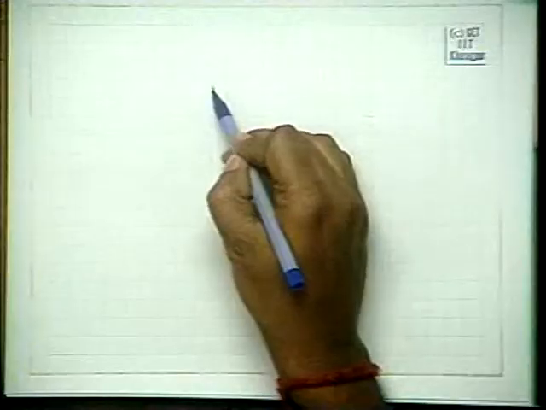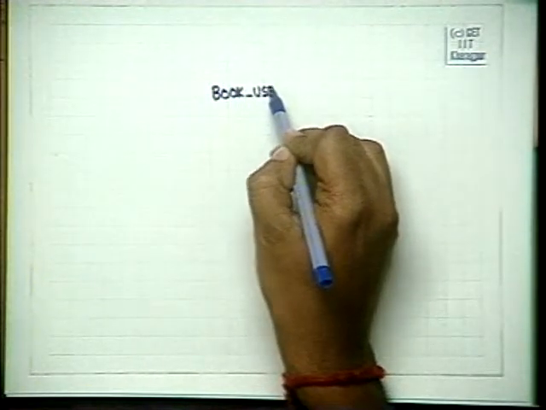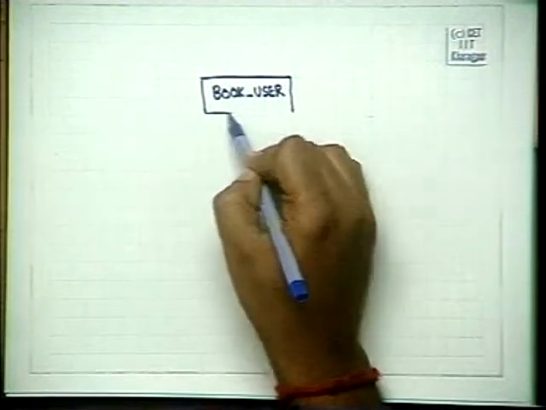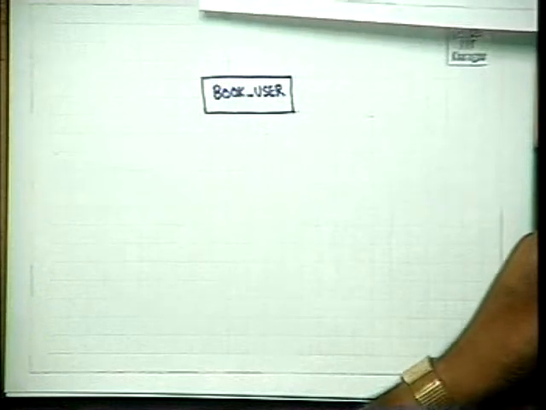Will we have an attribute? One attribute instead of two attributes and a relationship.